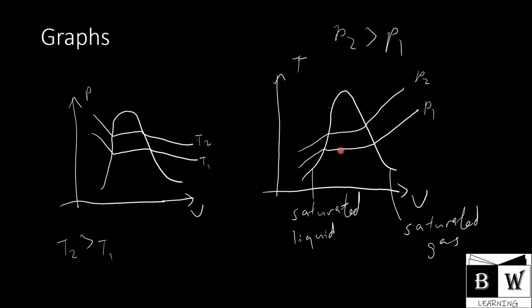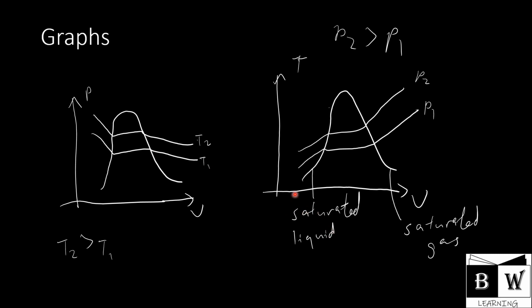Then after that you have an isothermal process. Once it passes out of the saturated gas region, it will go further up. Likewise, the higher you draw the lines, the higher pressure you have. So do take note that this line represents a constant pressure. It is a single pressure. Similarly, this is a single temperature line.